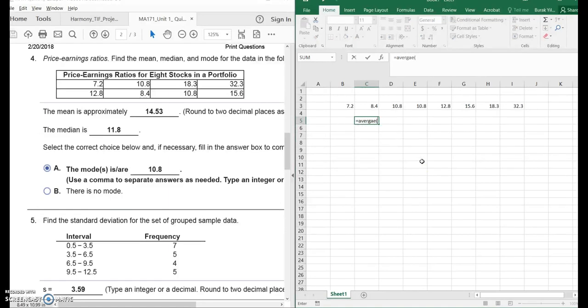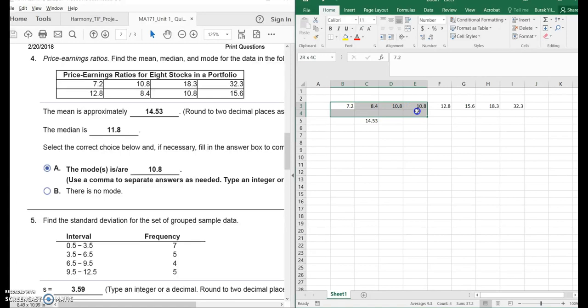There's an average formula in Excel, and if you include all of these cells, all of these numbers, it automatically calculates. I mistyped average, which is why it didn't calculate. See, the average is calculated. It is 14 point something, so I guess we need to round to 2 decimal places. You can do that here. See, 14.53 is the mean.